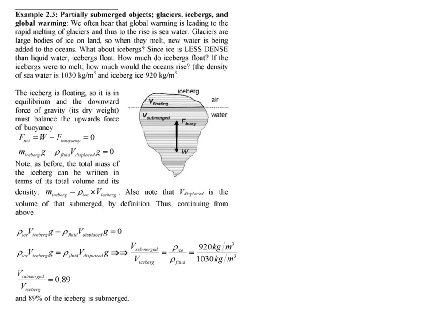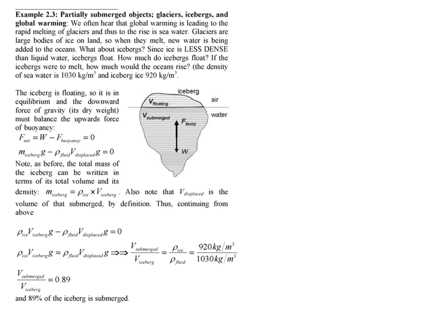There's also this example in the notes talking about an iceberg and how it floats in water. Perhaps you've heard before that most of an iceberg is actually submerged, but you may not have known how much of it is submerged. That's what this calculation shows.